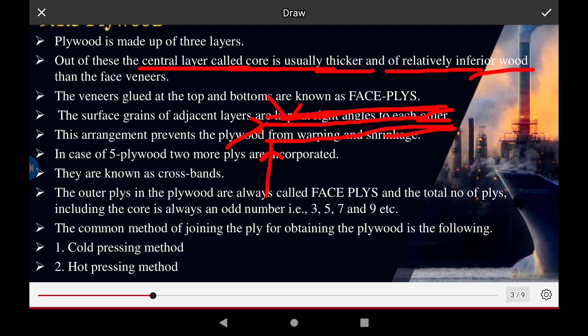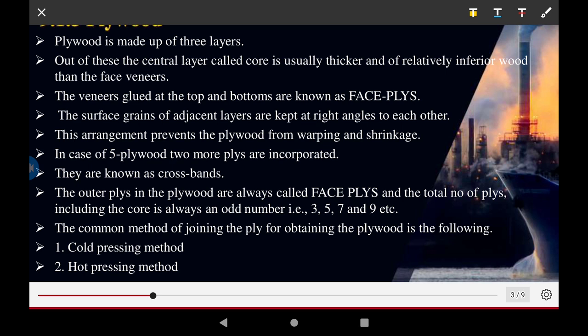All three layers are combined by applying pressure with a press machine, applying force from upper to lower, and then the layers stick together as one. The outer layers of the top and bottom are known as the face plies.